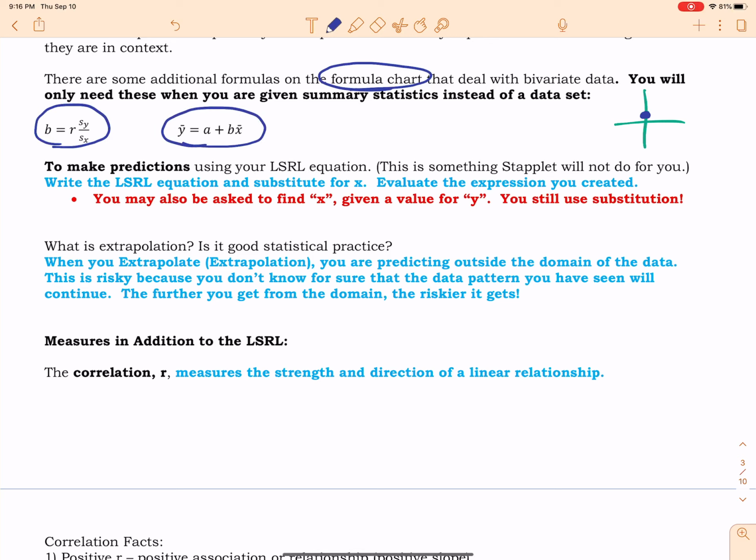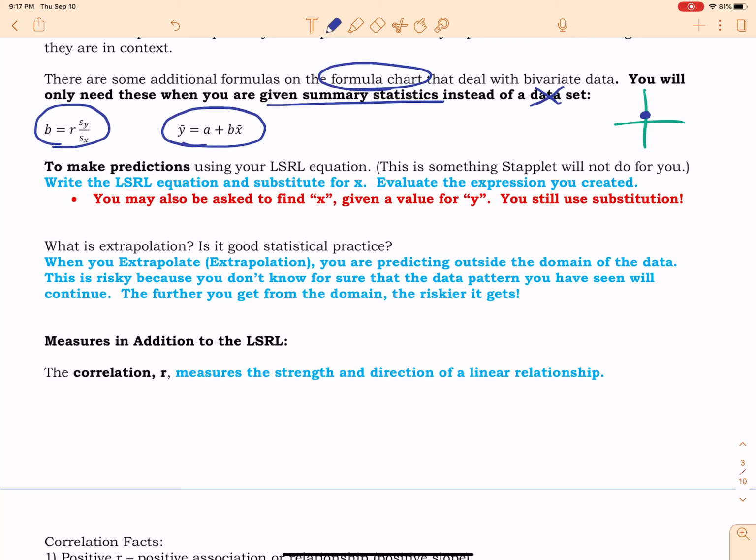These formulas are going to be useful for us when we need to find our line of best fit or our LSRL when we are given summary statistics rather than a set of data. Because if we're given a set of data, we can plug it into Statlet and find the LSRL. But if we don't have that information, we're not going to be able to do that. So I'm going to show you how to use these formulas, and that will again come in another example video.